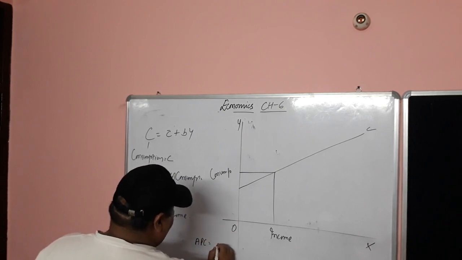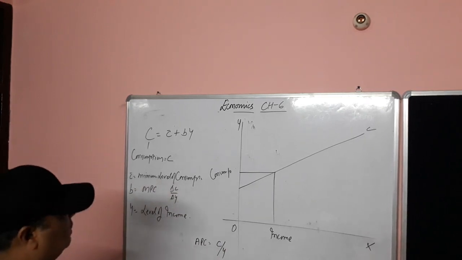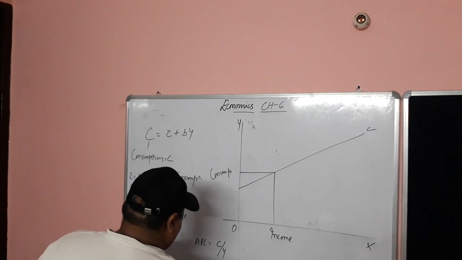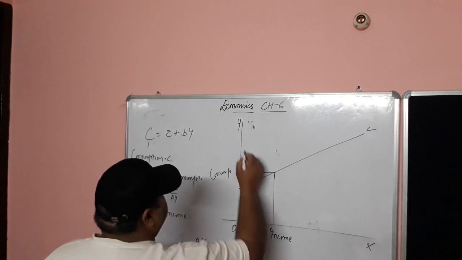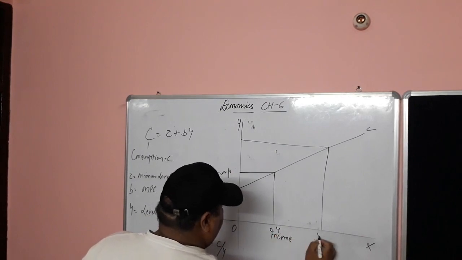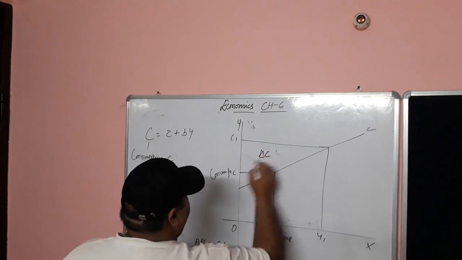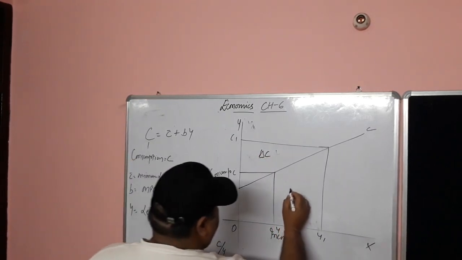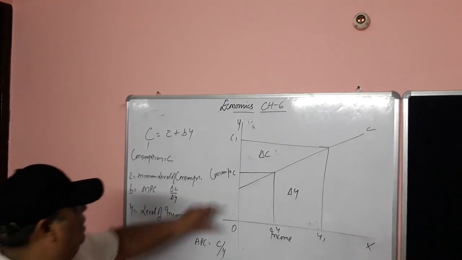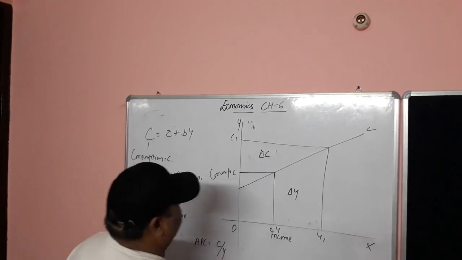APC means the ratio of consumption and income. And what is MPC? MPC is the ratio of change in consumption and change in income. So if we find the new consumption, this indicates the change in consumption, and this indicates the change in income. So change in consumption over change in income indicates the MPC.